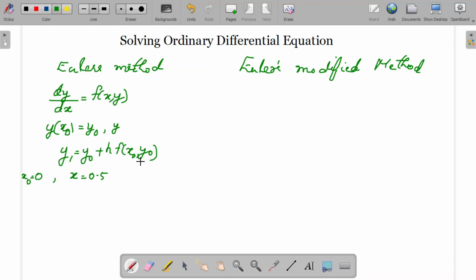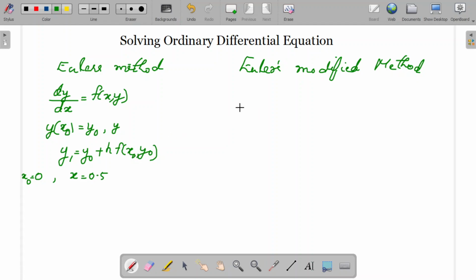When we were discussing the theory of Euler's method, we discussed that it is a little better if we replace f of x0, y0 with the mean value of f of x0, y0 and f of x1, y1.